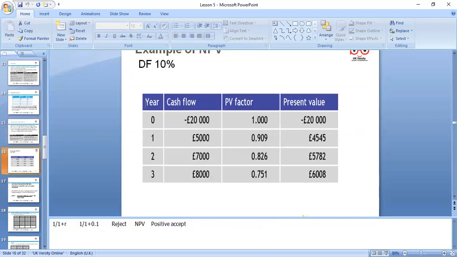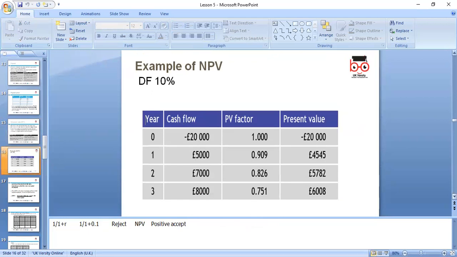Okay, if we look here, this is based on a 10% discount factor. If you're investing 20,000, you're getting 5, 7, and 8. If you add them all, that gives you 12 and 8, exactly 20. But that 20 is not the real value of 20. So you divide by 1 plus R, the formula you find online and in every book of financial management. It shows the discount factors, or PV factors.